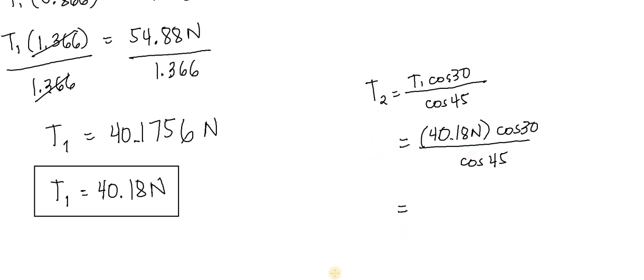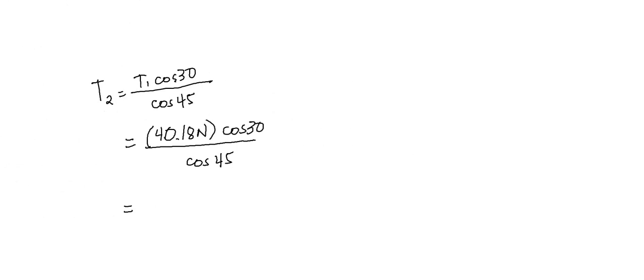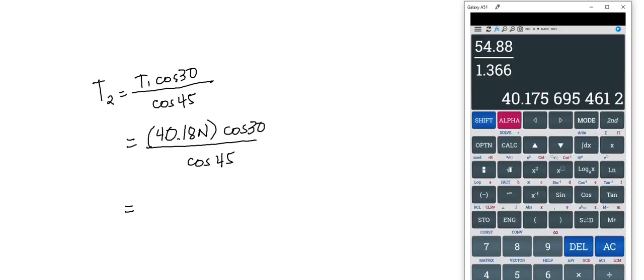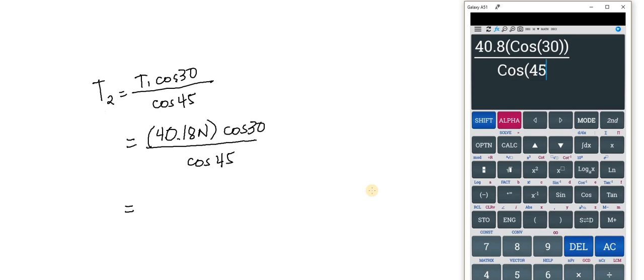Let's use our calculator: 40.18 multiplied by cosine of 30 all over cosine of 45.